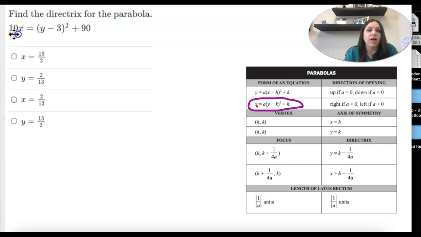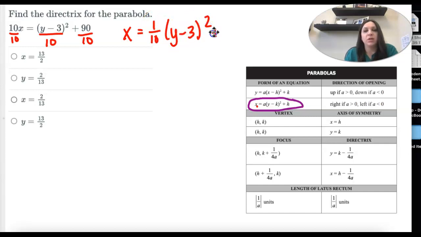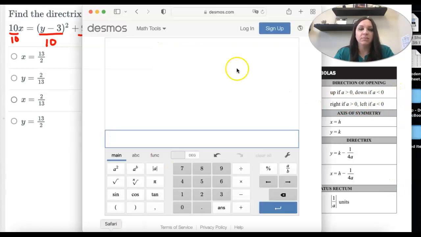So we're going to divide everything by 10, every term. And what that does is we're going to have (y minus 3) squared divided by 10, but I'm going to rewrite that as 1/10 times (y minus 3) squared plus 90 divided by 10 is 9. So if we graph this, it should be opening left.